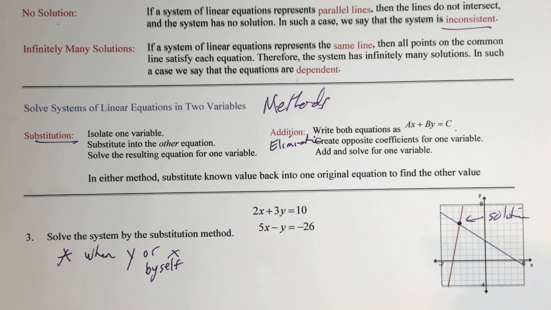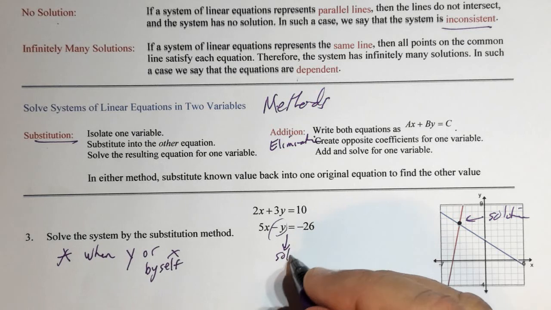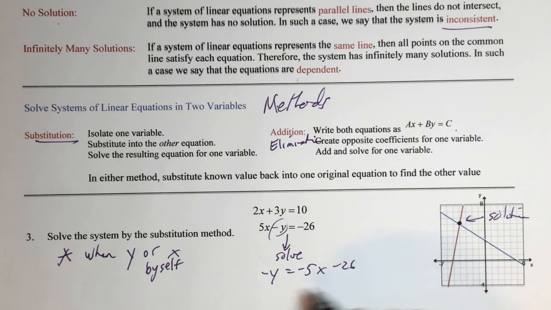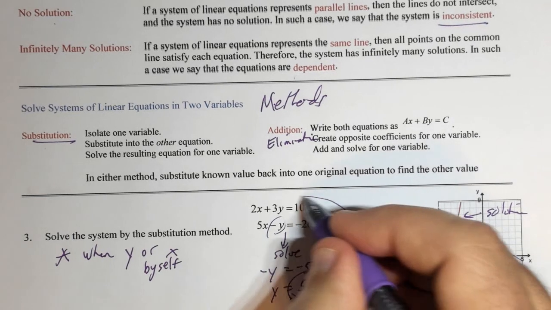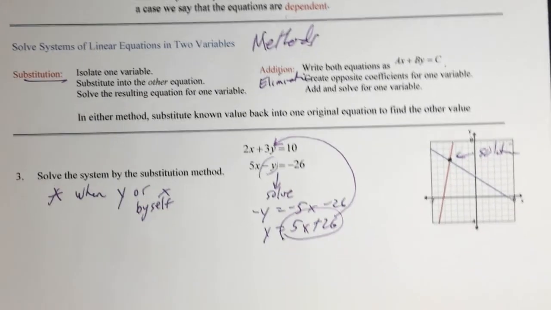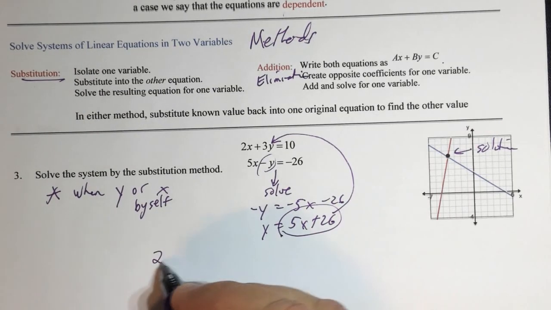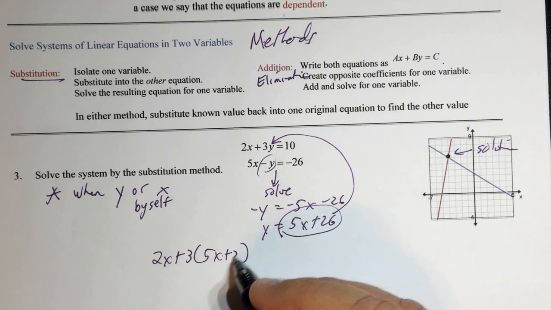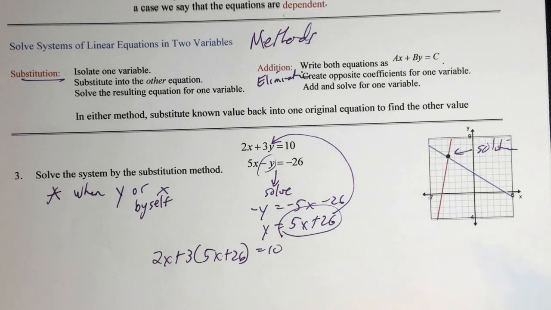Now notice here, there's that y, all by itself. So if you solve this for y, y is going to be 5x plus 26. And then what we do is we substitute it into the other one. It has to go into the other one. So 2x plus 3 times 5x plus 26 is equal to 10. And we're going to solve for x.